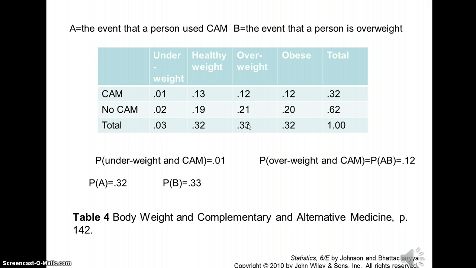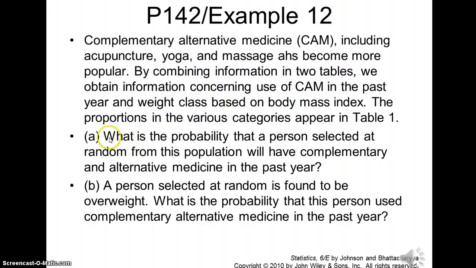So now let's look at the questions we have. The first question is, what is the probability that a person selected at random from this population used CAM? And we look at B also. A person selected at random is found to be overweight. What's the probability that the person used CAM?